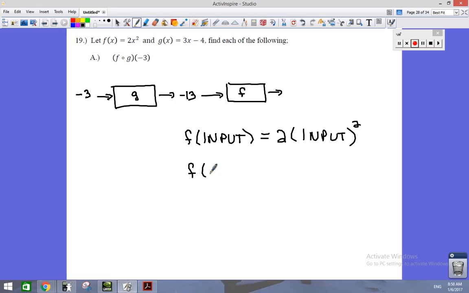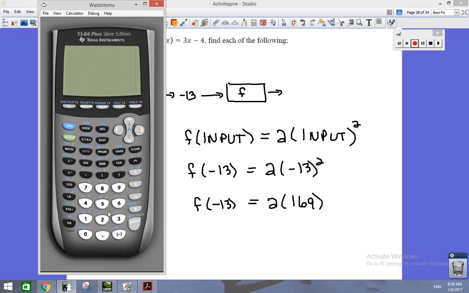So if we input -13, I'm going to square -13, which is 169, I think. Let's double check that. I'm pretty sure it is. When you key it into your calculator, you need parentheses around that base.